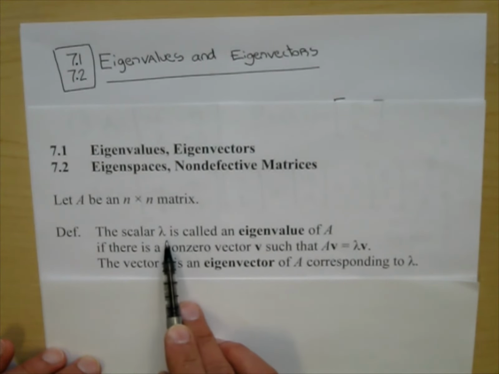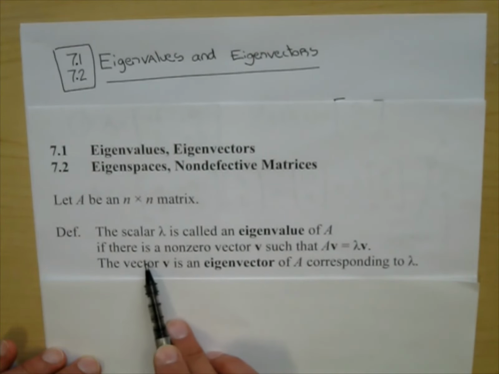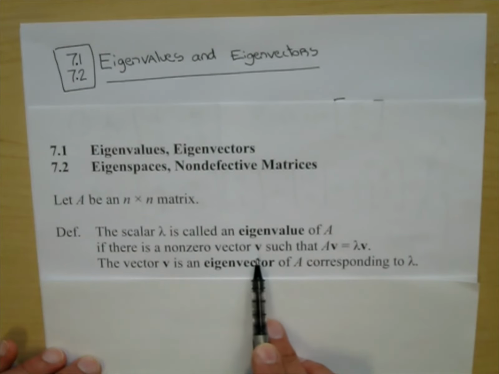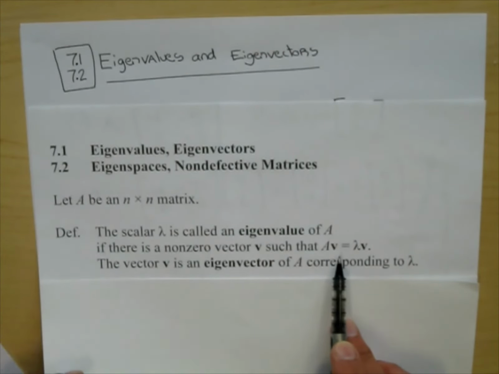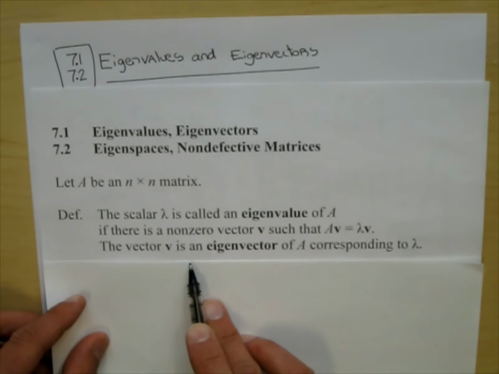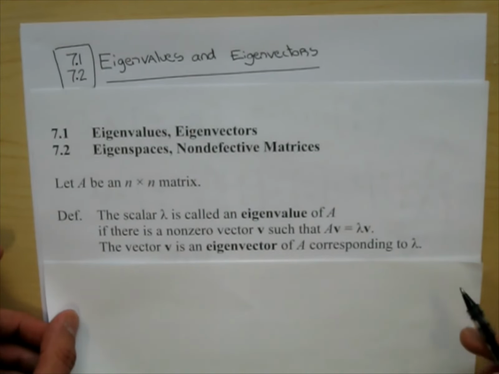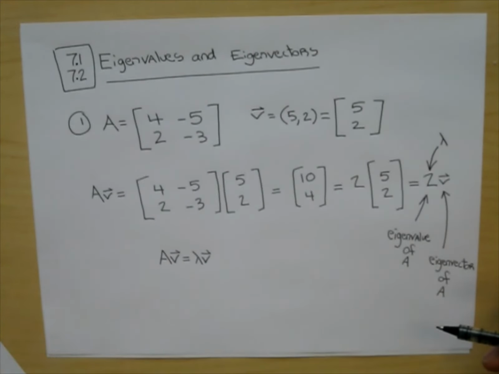The scalar lambda is called an eigenvalue of A if there is a non-zero vector V such that AV equals lambda V. The vector V is an eigenvector of A corresponding to lambda. That's what we did with an example, and there's the definition. Why is this important? We'll see. Or maybe we won't. Maybe I just say we'll see, and we never really figure out why this is important.